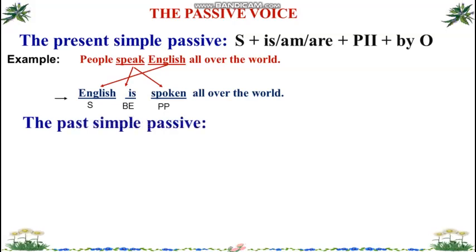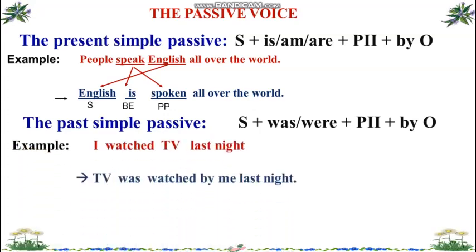And what about the past simple passive? Look at the form. We have subject, was or were, past participle, and by object. Now look at the example. I watched TV last night. So TV is the object.